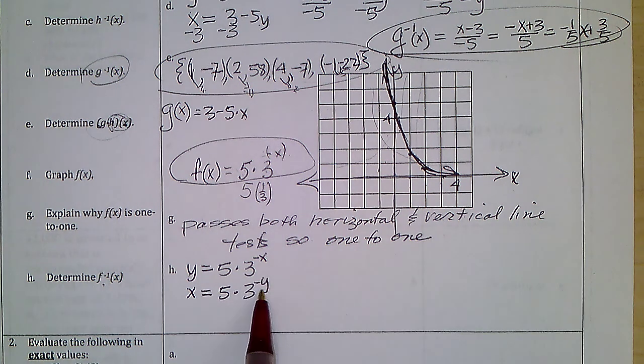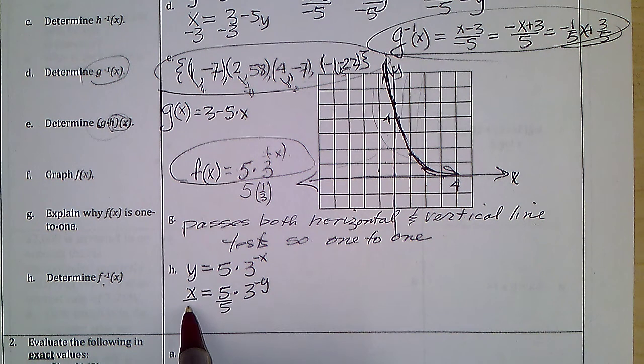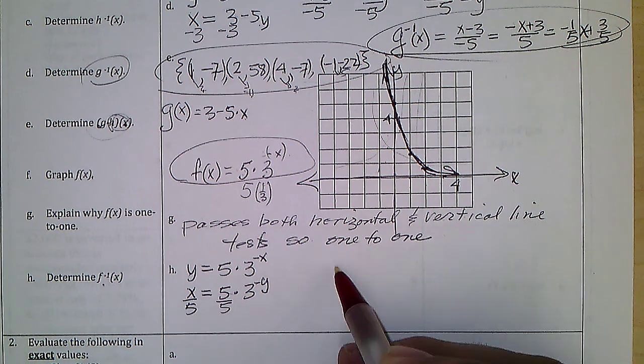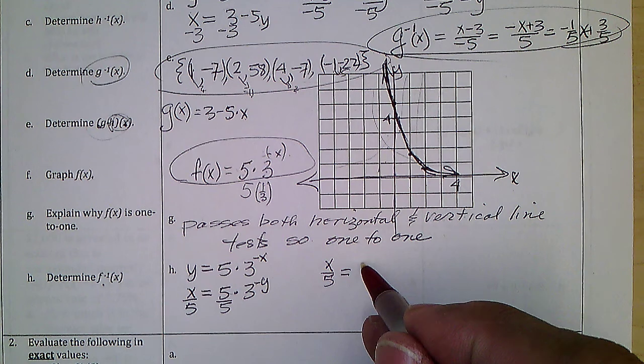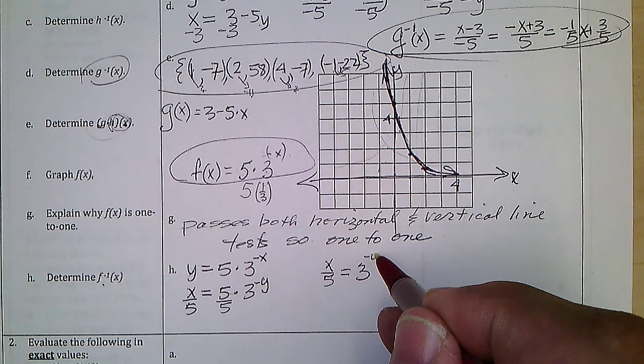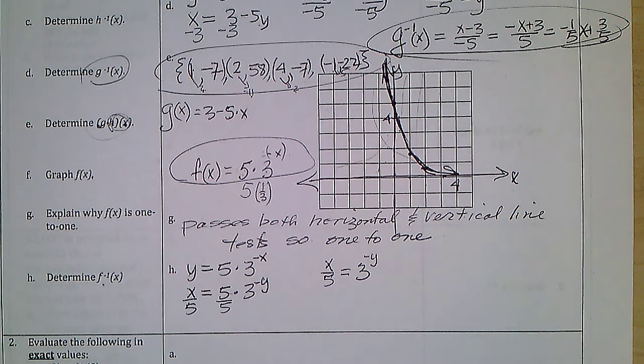and solve for y. So to undo this, since this 5 is times this, we have to divide. We can't multiply that because it's got a variable for the exponent. So we divide by 5, not subtract 5. So we get x divided by 5 is 3 to the negative y. And to now get the power down, we have to write this as a log.